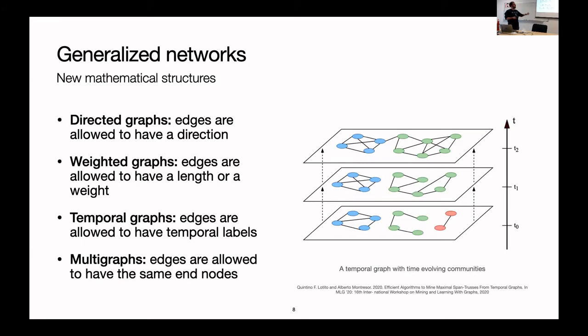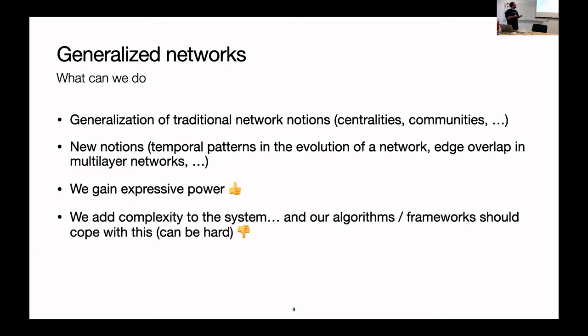And so on the right, I represented the temporal graphs, and we can see that we can represent a graph in which edges can be added at any time, or new nodes can be added any time. So this improves our capabilities of representing real-world systems. So what can we do with this? Basically we want to do the same things we wanted to do with the classic networks, but with more information.